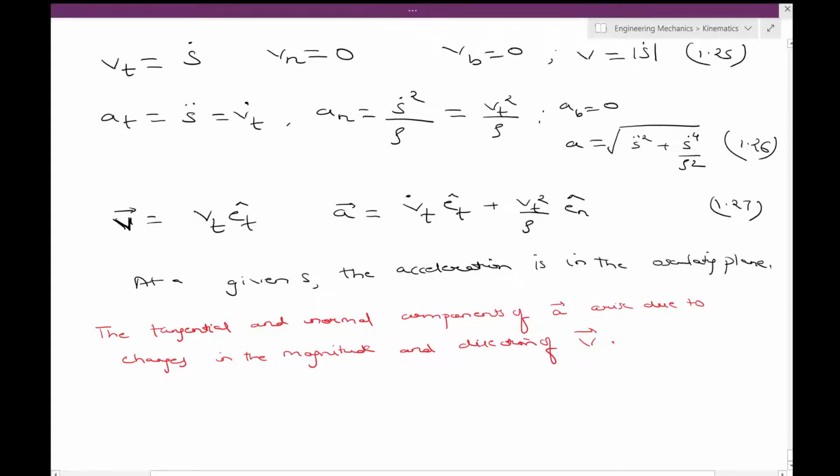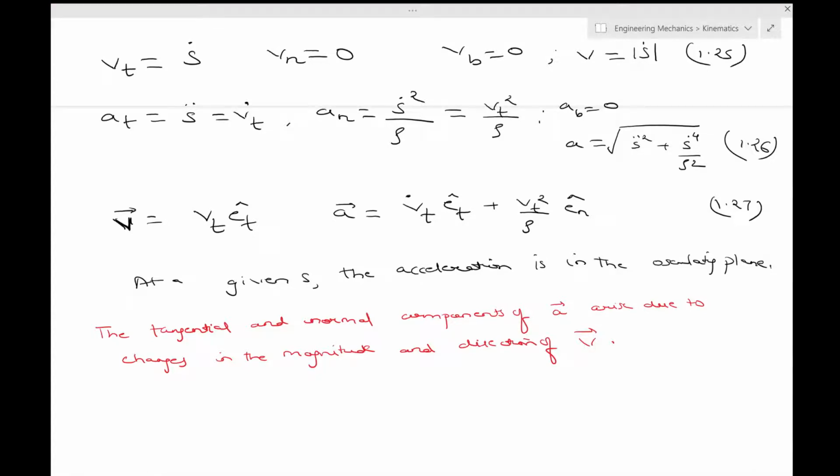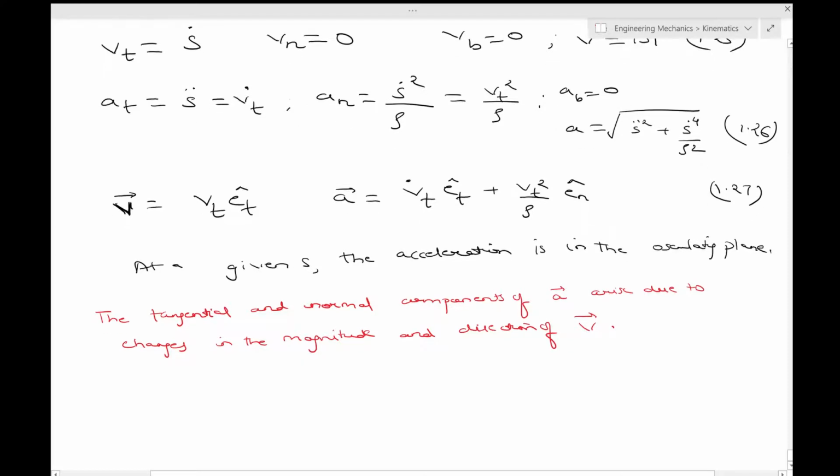There are some other conclusions which you can make out of it. Look at the normal component of the acceleration. What is it? Vt square by rho. This is always greater than or equal to 0 since it's a squared element and rho has to be positive.